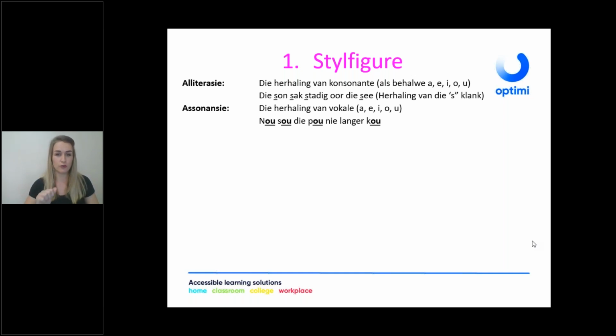If I wrote you an example and I said, gaan sê goodbye vir Sakai, goodbye has an A-I spelling, but Sakai only has an A and an I. So the spelling is different, but it sounds the same. That is still assonantie.